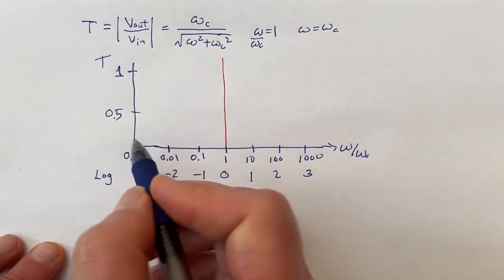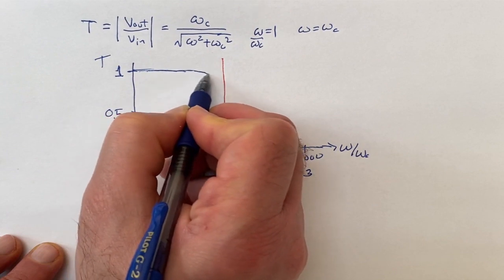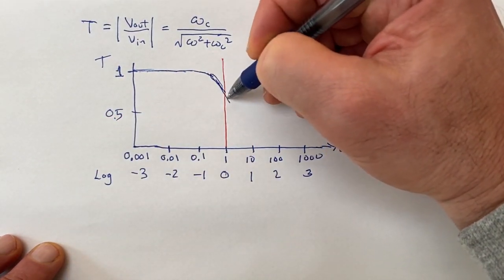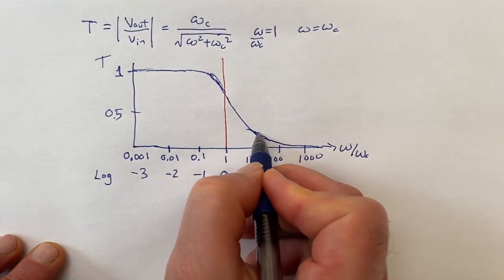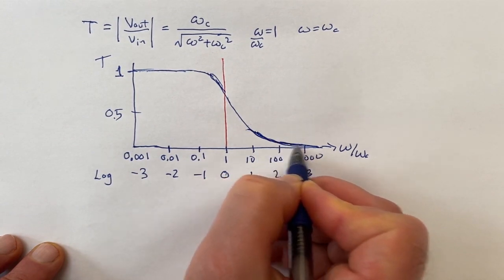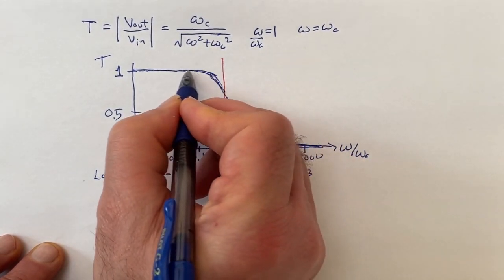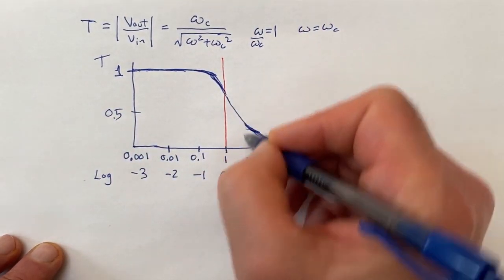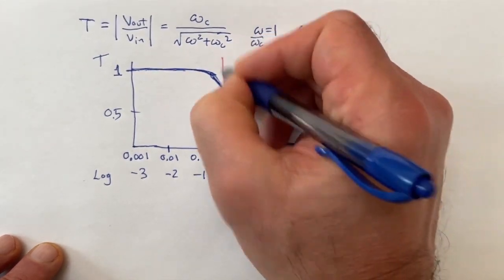And if you plot this, you get something like hanging high, and then you start to come down here, and then you head off to 0. So the graph looks something like this, which is kind of fun to do on a spreadsheet. Okay, you get this. So this is sometimes called the cutoff frequency, where omega equals omega c right there.